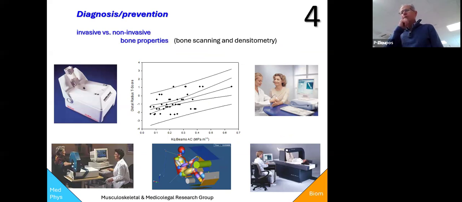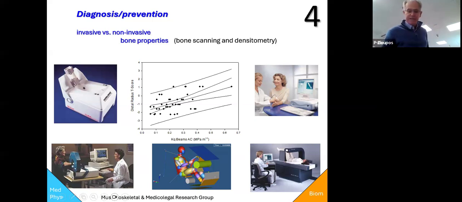Other things that I have been looking at, and I'm interested in because it relates to clinical and point of care applications, is diagnosis and prevention for osteoporosis with invasive and non-invasive measurements. Over the years we examined cohorts of thousands of elderly individuals and young ones with ultrasound and CT scans, for modeling for automotive industries, individuals involved in car crashes, or looking after their health in later life.